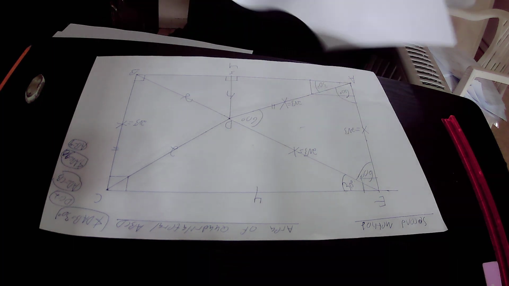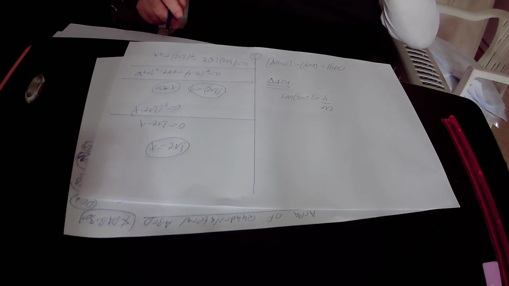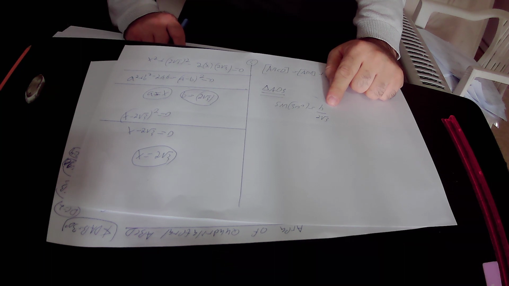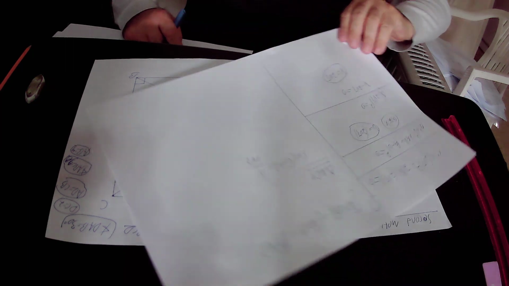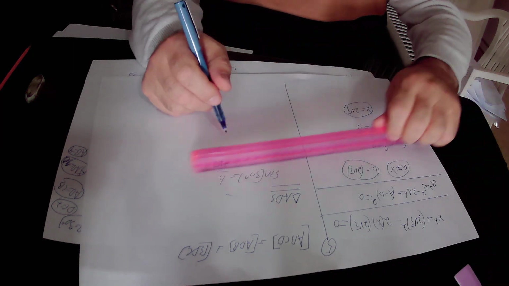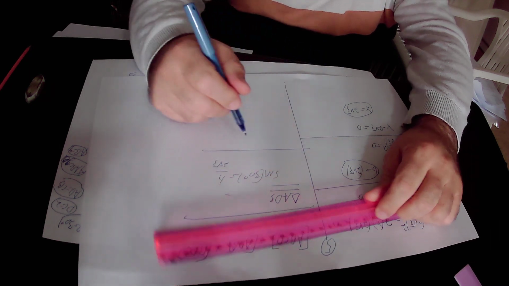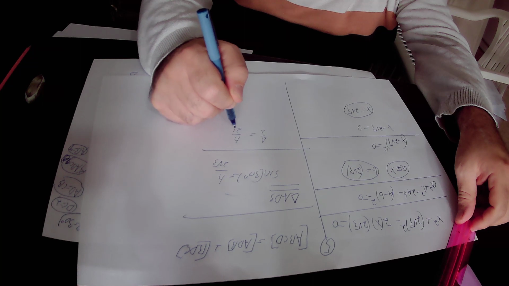I will repeat again. In the right triangle ADS, sine 30 degrees equals h over 2 times square root of 3 units. Sine 30 degrees is 1 over 2, so I write it down. We get that 1 over 2 equals h over 2 times square root of 3.